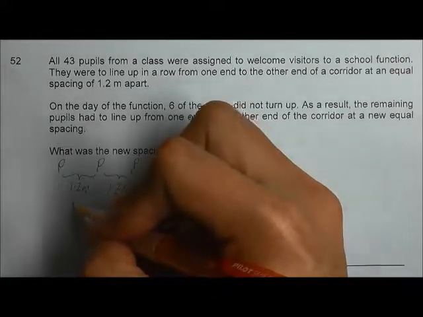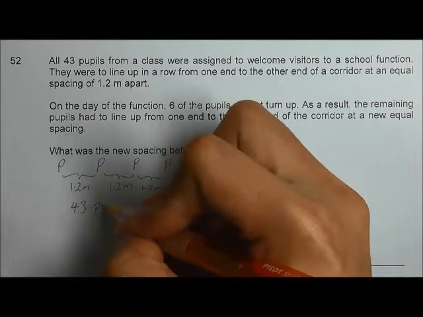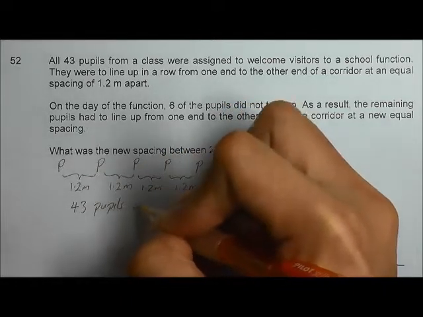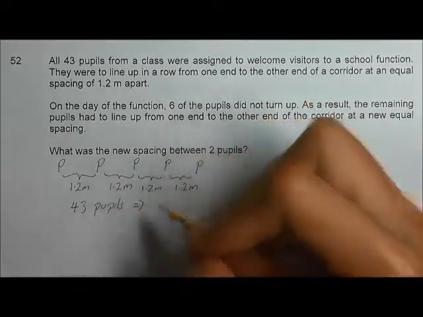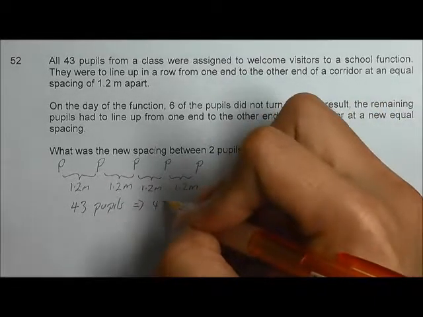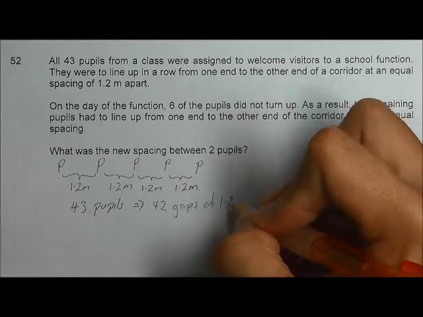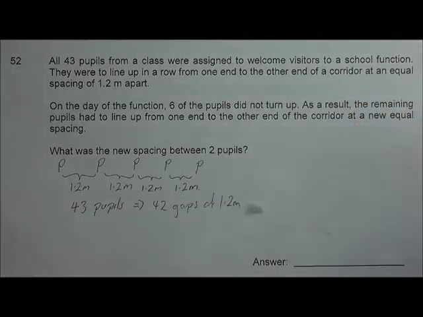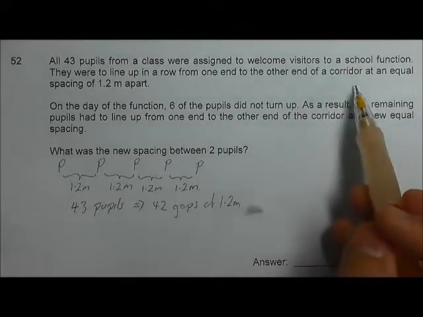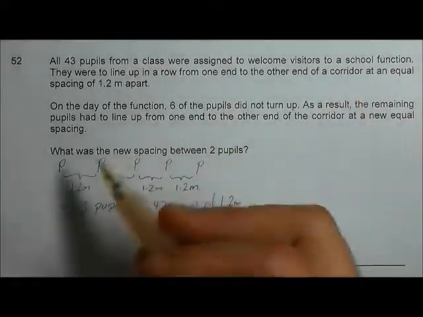Okay, so now we have 43 pupils. That means we will have 43 minus 1, which is 42 gaps of 1.2 meters. So what we can do now is to find the total length of the corridor.